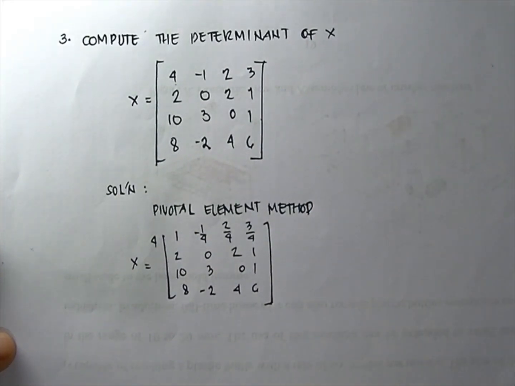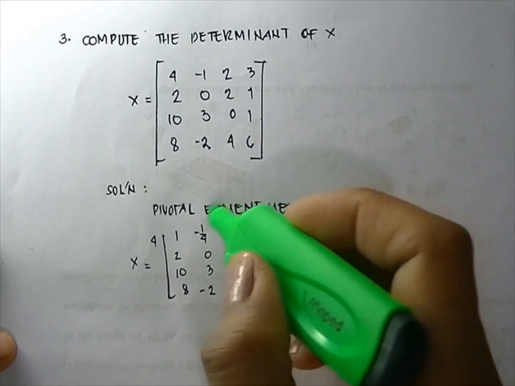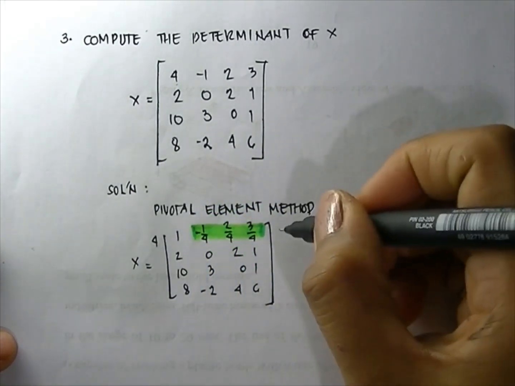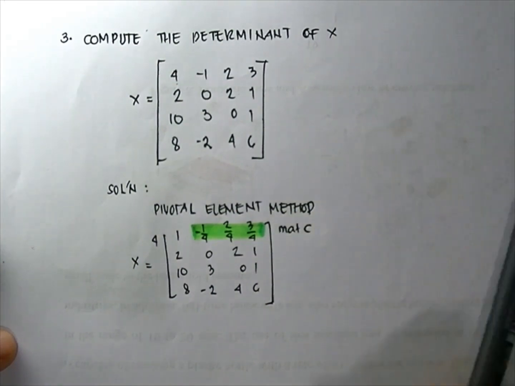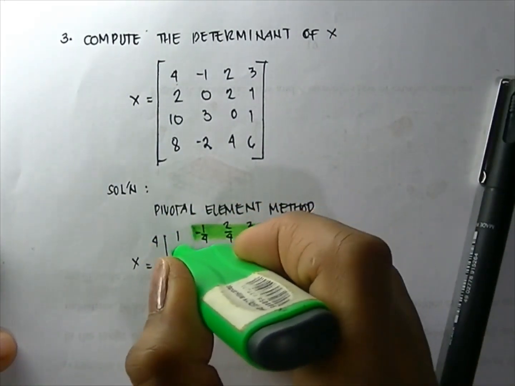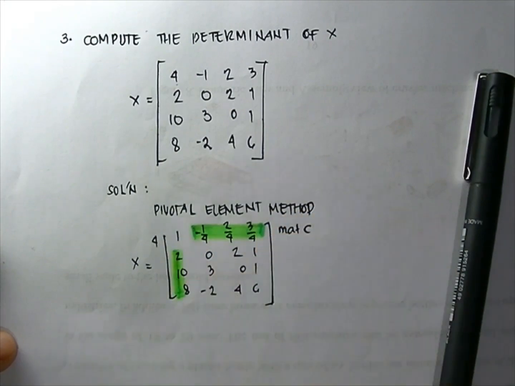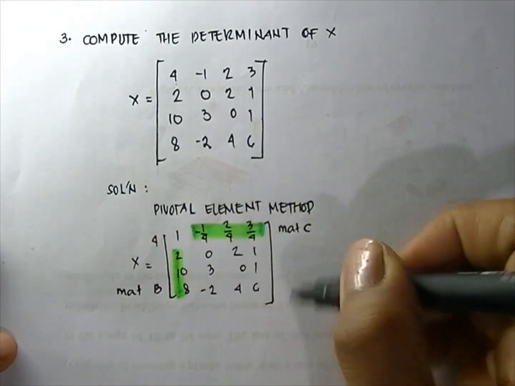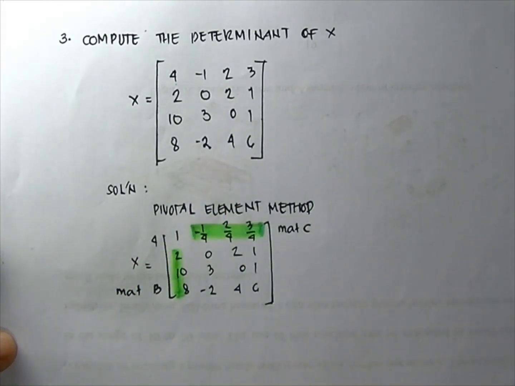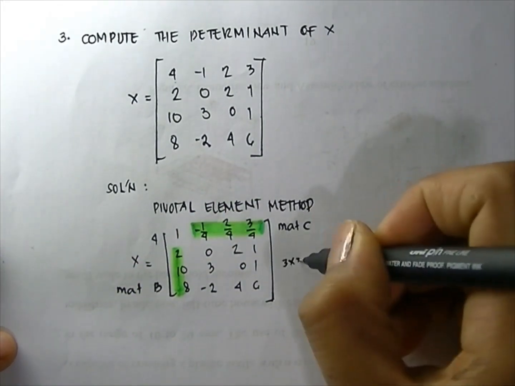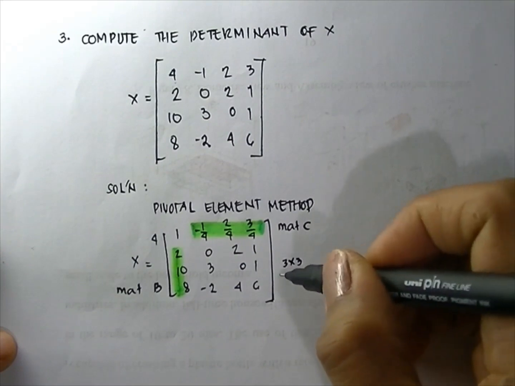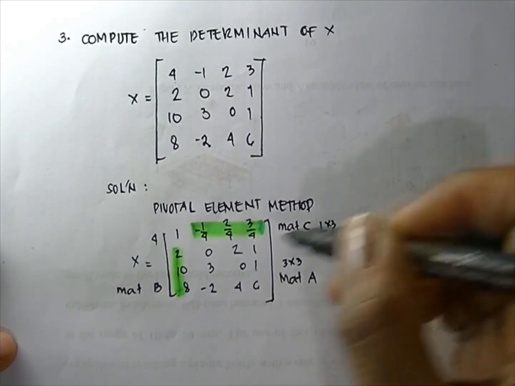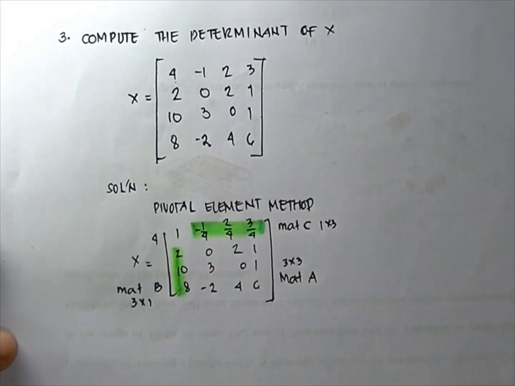So, I set this 1 by 3 matrix as my matrix C, and the 3 by 1 I have as matrix B, and the remaining 3 by 3 matrix is matrix A. This is 1 by 3 and 3 by 1.